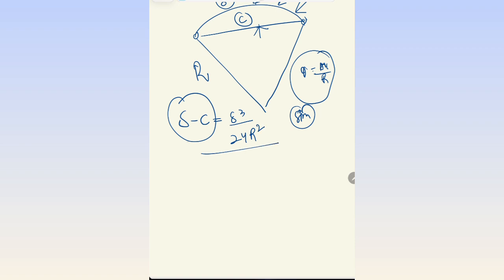So it can be shown that the difference between the two lengths, s minus c, is directly proportional to s cube. It's a very important thing to keep in mind.